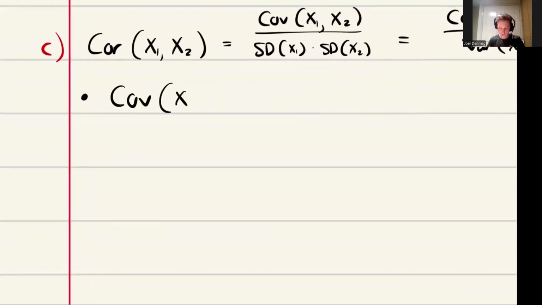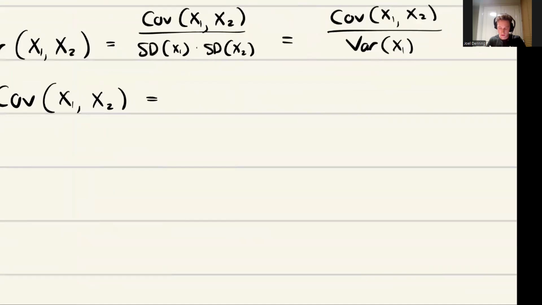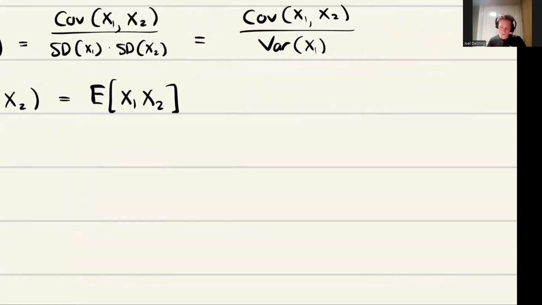So the covariance of x1, x2, to calculate this, we are going to appeal to the definition of covariance, which after simplifying says it's equal to the expected value of x1 times x2 minus the expected value of x1 times the expected value of x2.